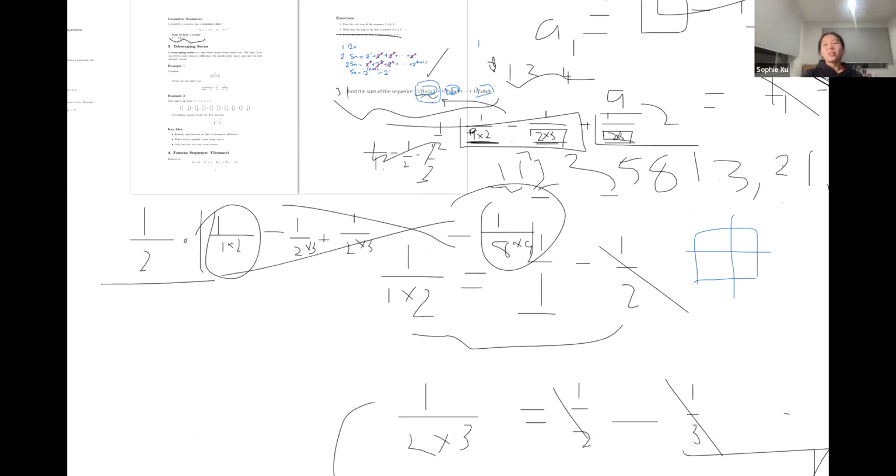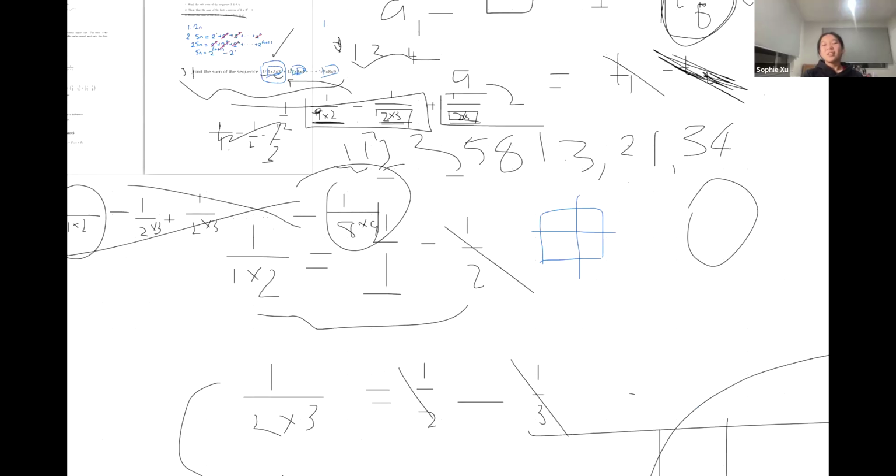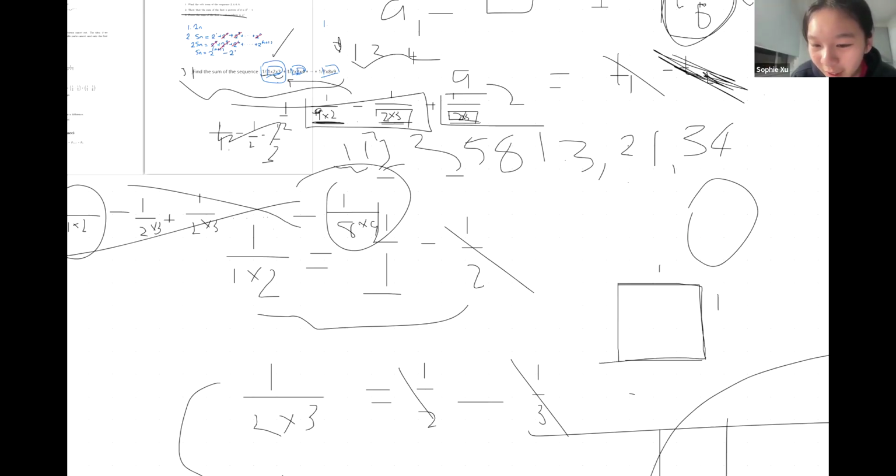Okay. Let's suppose that this area is one, and this is a one times one square, right? So this area is just one. What's this area? Half. And then what's this? A quarter.